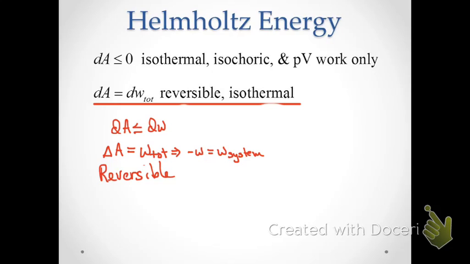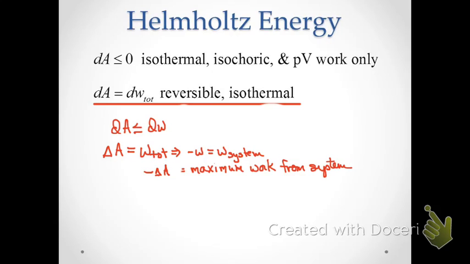Remember, when work is negative, the system is doing work. That also means that negative delta A represents the maximum work we can get from the system. Let me repeat that. Negative delta A is equal to the maximum work we can get from the system.